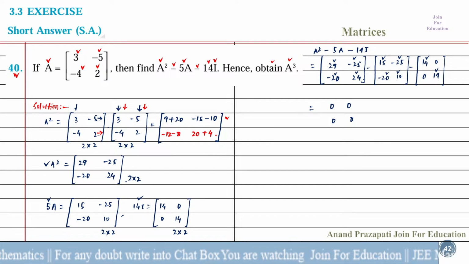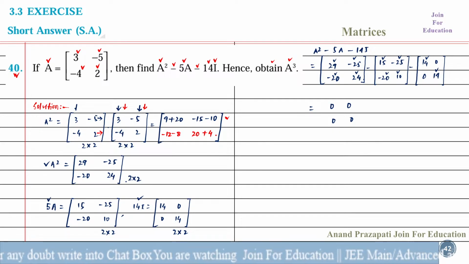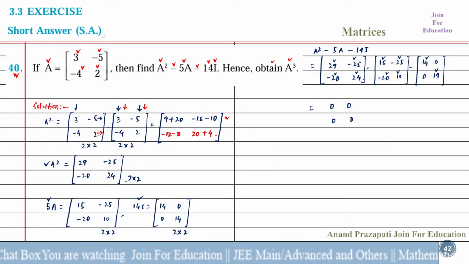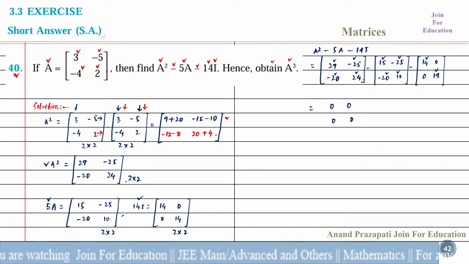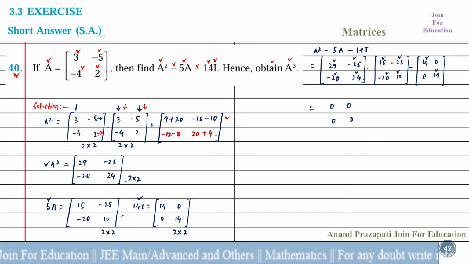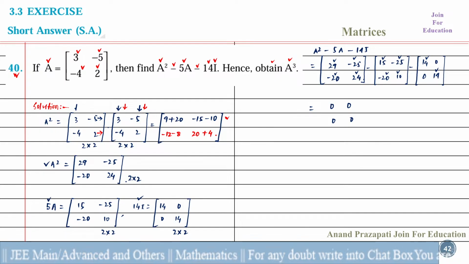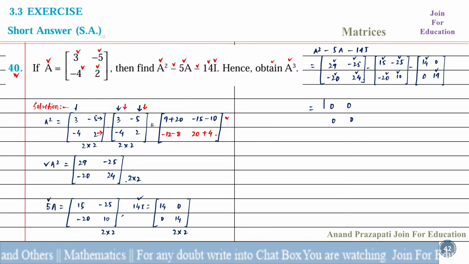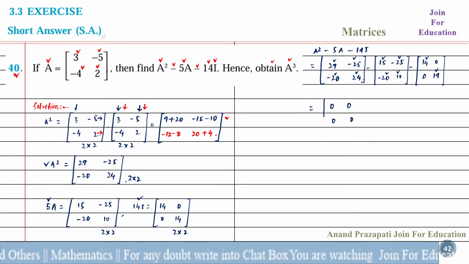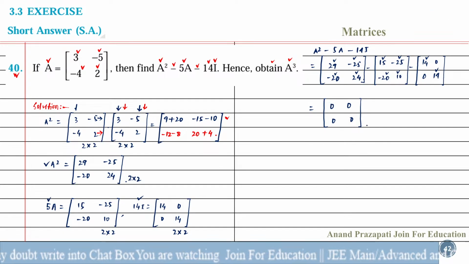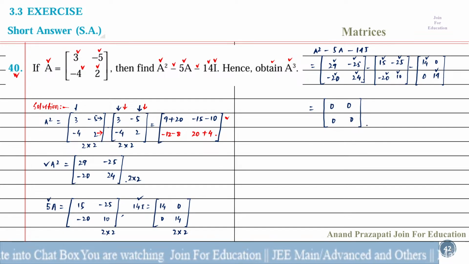So this is a null or void matrix or zero matrix. Of that there is no problem to understand up to this step.